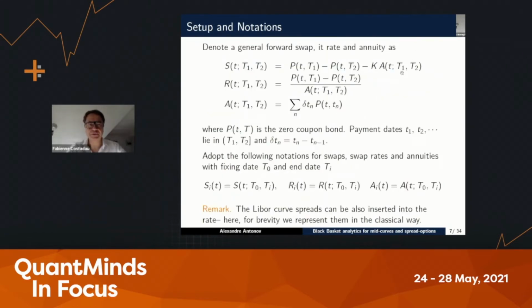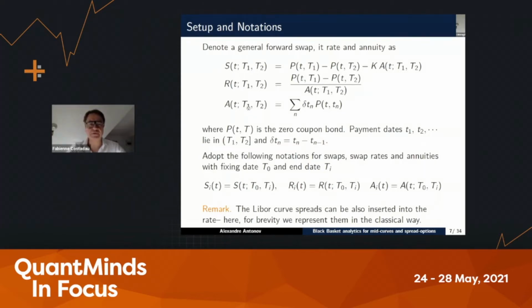Setup and notations. So we denote a general forward swap, its rate and annuity as follows. S will be our swap, which goes from T1 up to T2 and is observed at little t. The usual formula is just a difference of two zero bonds, from the end and from the very beginning, minus strike times annuity.